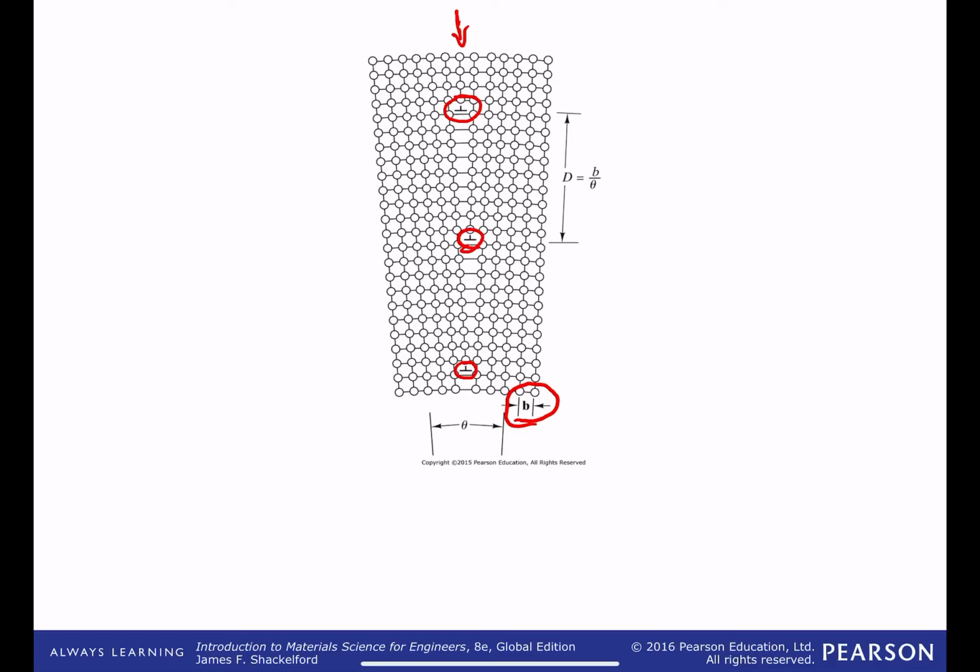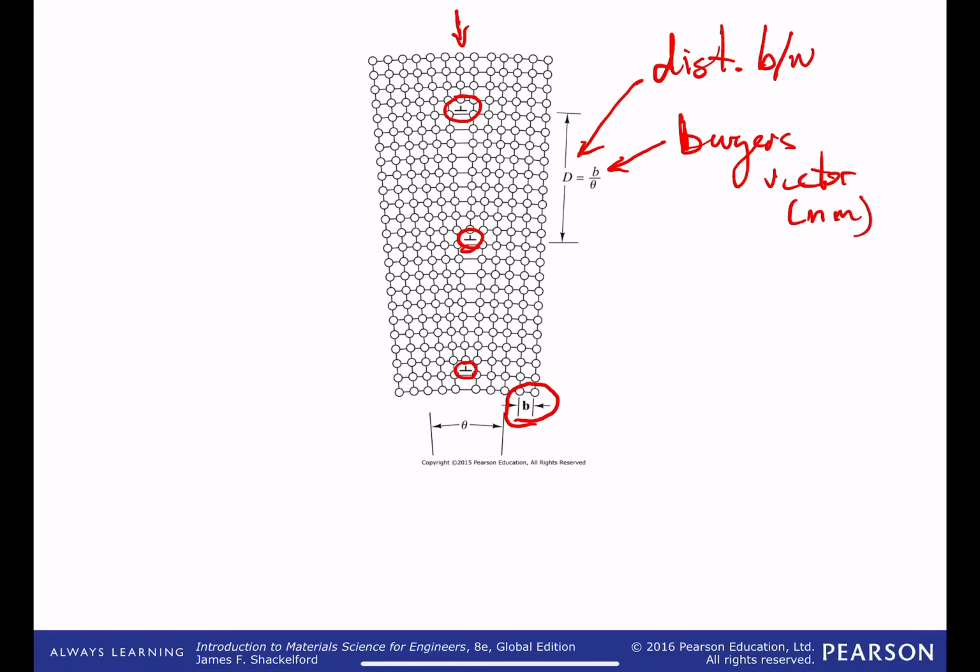Okay, so the average distance between that will be related to the Burgers vector, typically in nanometers. So the Burgers vector will have units of nanometers. And therefore, so would be the average distance between those edge dislocations.